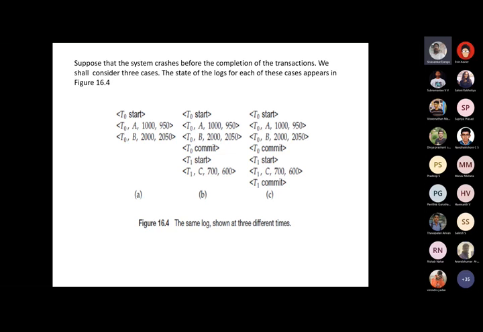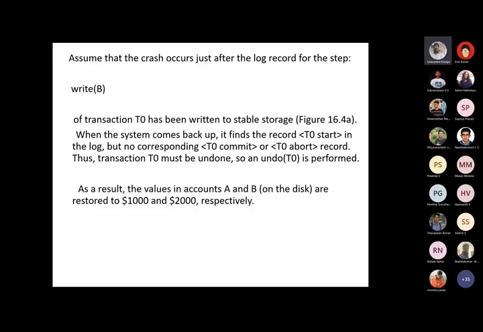A transaction T0 started, it has performed an update operation on data item capital A, and it has performed a credit operation on data item capital B, and there is a failure, right? So in this first case, what happens? Let me take you to the first case.